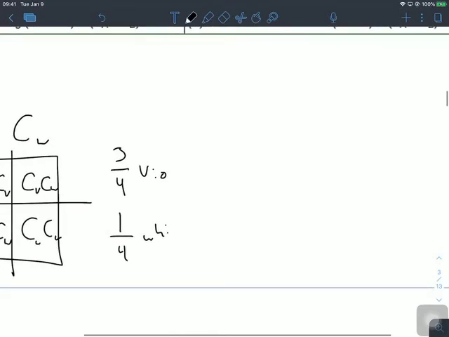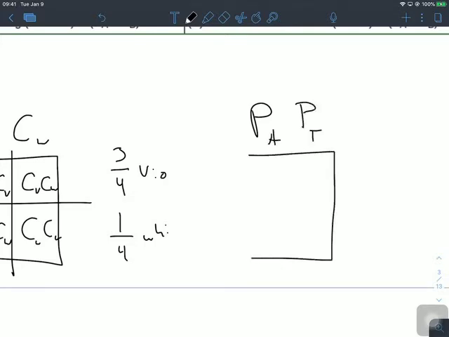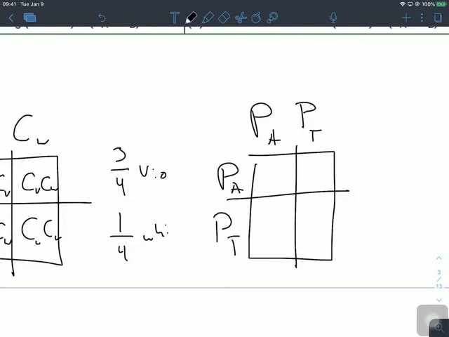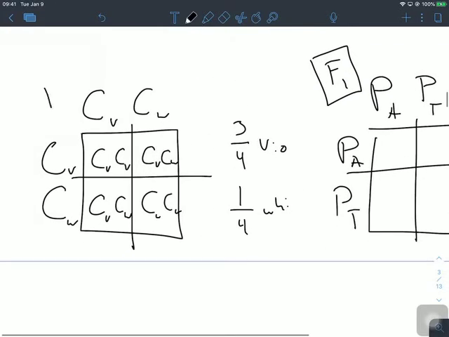On the flower position, we know that they are axial and terminal. Keep in mind, this is the cross of the F1s, and this is also the cross of the F1s. So this is a very specific genetic problem that I'm giving you.